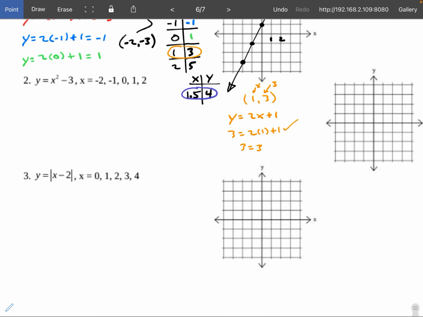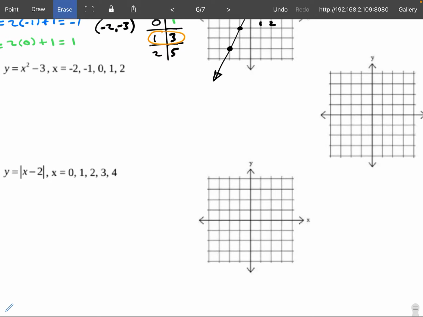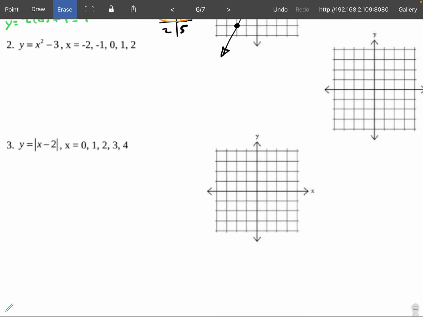So the next two, so we got to do number 2 here. Number 2, I probably want to erase a little bit of this out of the way here. Okay. So number 2, I got to fit it on this grid over here to the right. I'm not going to write all these down again. We'll write a couple of them down.